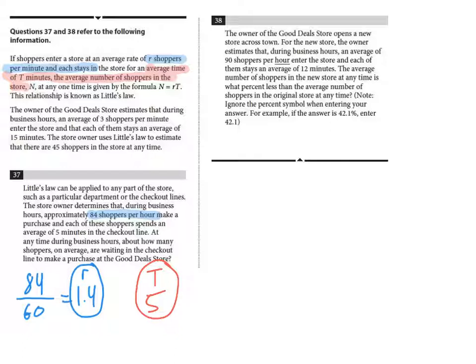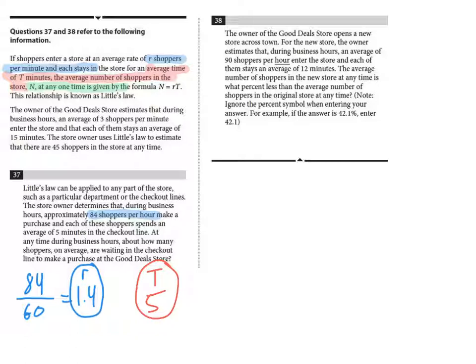We want to figure out at any time during business hours about how many shoppers on average are waiting in the checkout line to make a purchase. Well, that's going to be N.